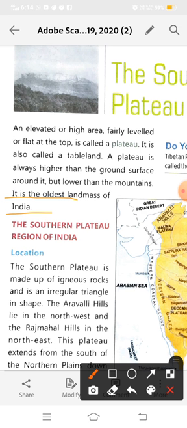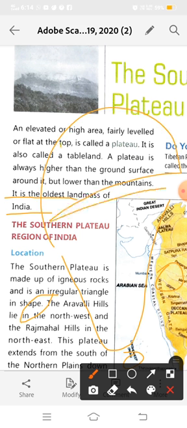So our India has this type of land feature. The southern part of India is covered with water bodies on three sides and one side has a big landmass. The Southern Plateau comes in the southern part of India. That is why it is also known as the Peninsula Plateau.